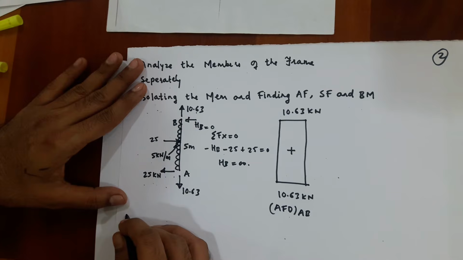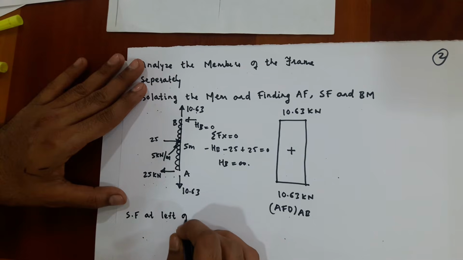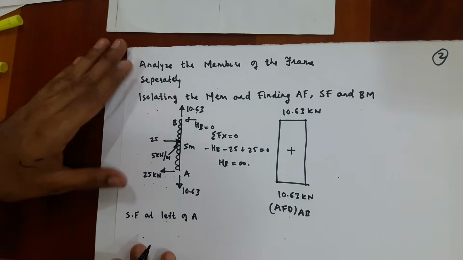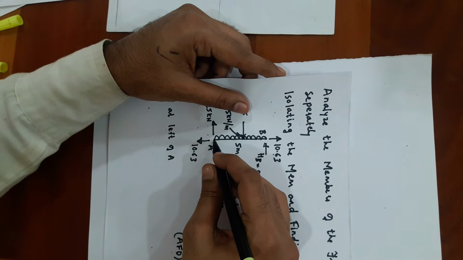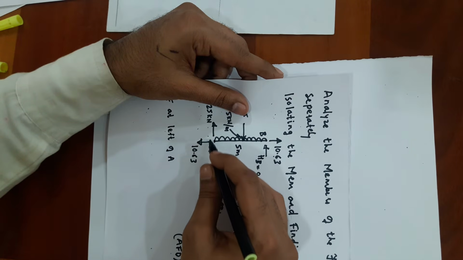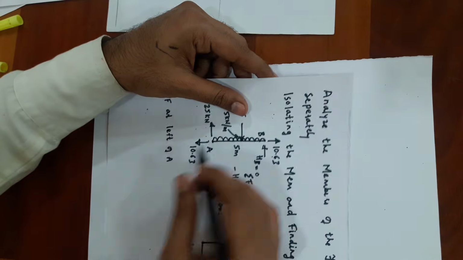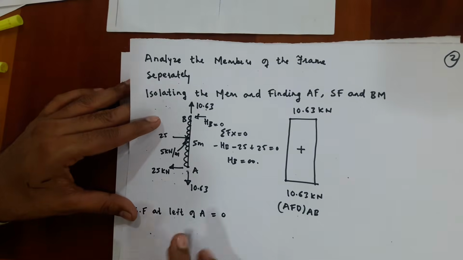First point is shear force at left of A. Left of A means like this. This is point A. At left of A, you do not have any perpendicular force to the member. So at left of A, the shear force is 0.